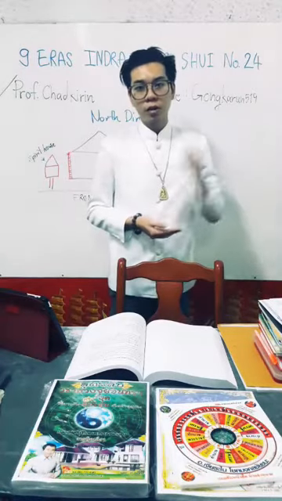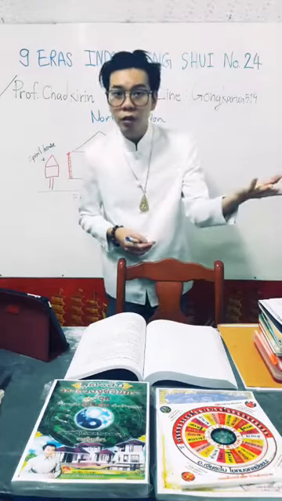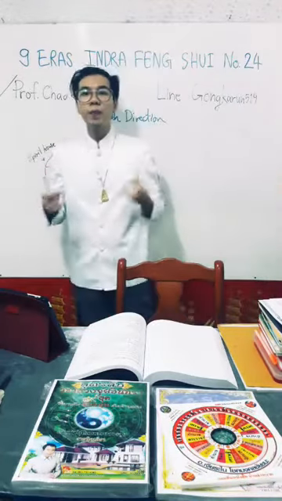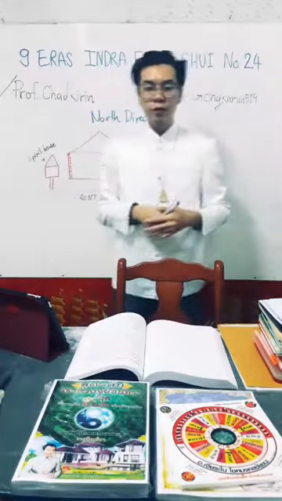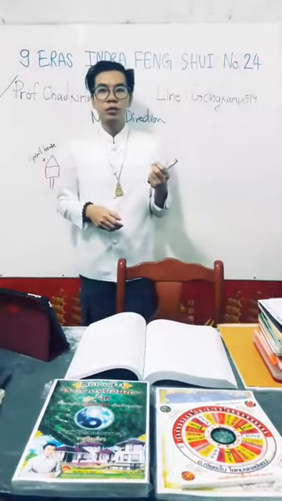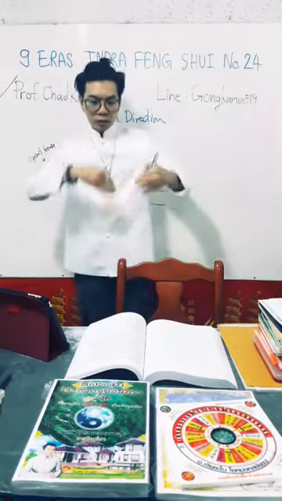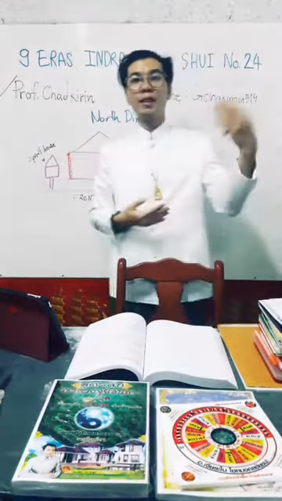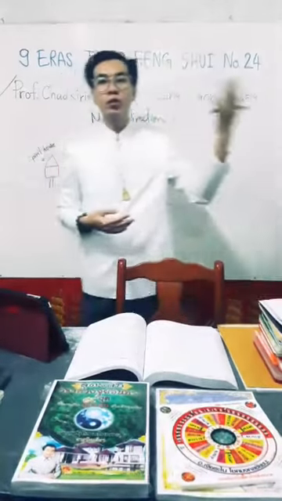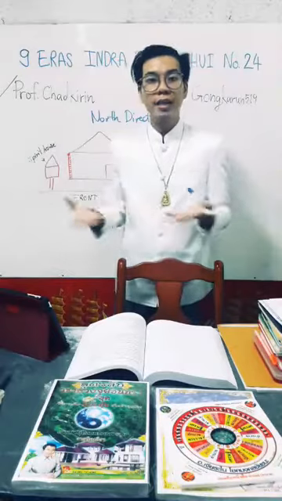Because on the left hand side, there's the part of the dragon. The dragon also has the power of movement. If there is also movement when we go out or go in, that's the thing that stimulates the power of luck, the power of fortune, and the power of prosperity to the house or any residence.